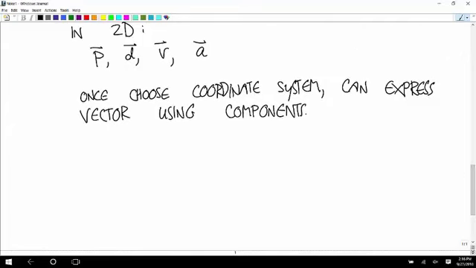The way you can think of that is if this is the coordinate system, here's your x-axis and there's your y-axis, and this is the vector.